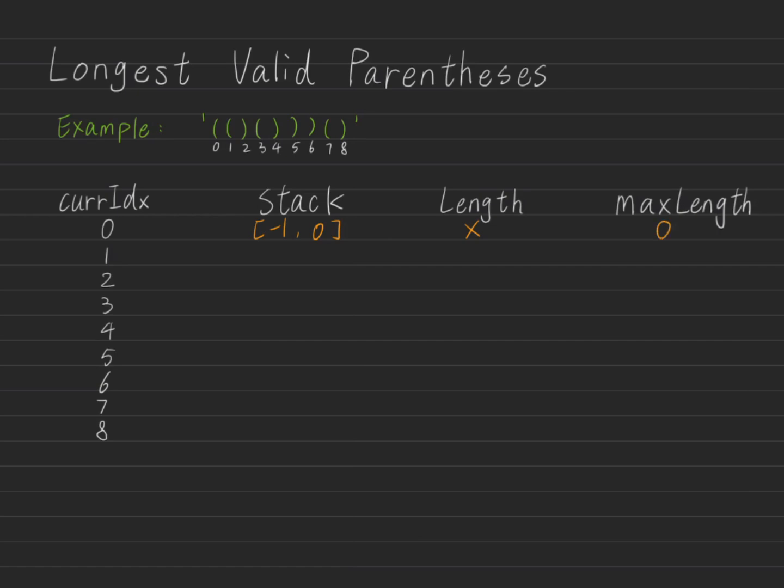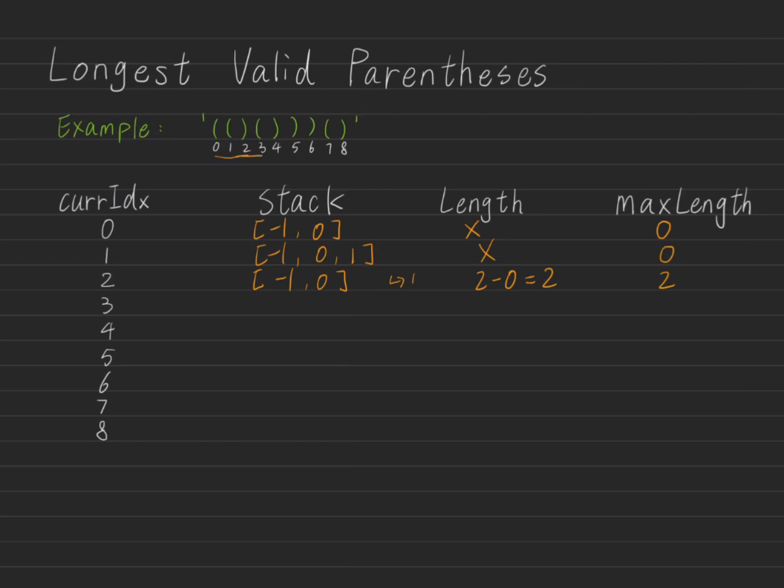At index 1, we have another left bracket, so we append again, and we skip the calculation just like before. And at index 2, we see a right bracket, so we'll pop 1 out in this case. And we'll calculate the length: 2 minus 0 equals 2. And update the max length.